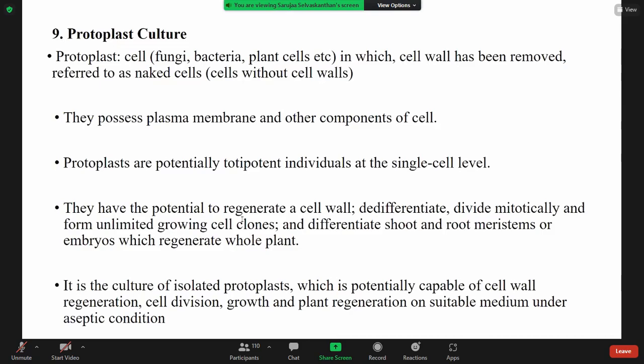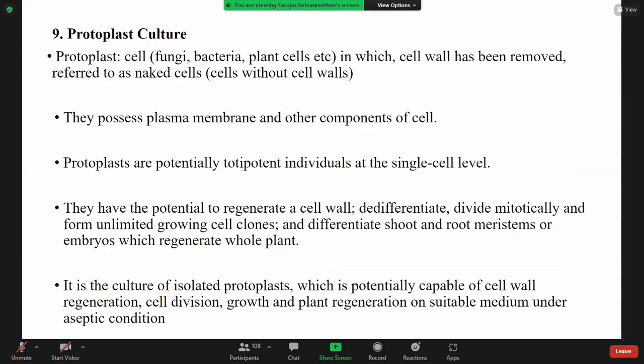Next one is protoplast culture. Protoplasts are cells in which the cell wall has been removed. Those cell wall removed cells we call naked cells, that is protoplasts. They possess the plasma membrane and other components of the cell, but they do not contain cell walls. Protoplasts are potentially totipotent at the single cell level. What do I mean? From the protoplast, we can produce a whole plant. That is the meaning of totipotency.